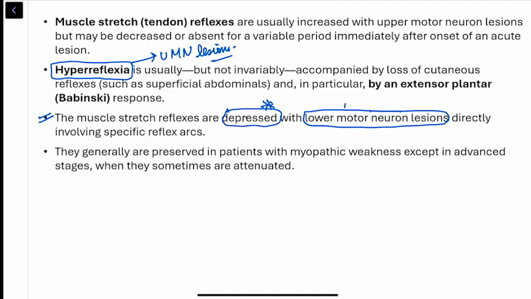Right, in lower motor neuron lesions stretch reflexes are depressed. They are generally preserved in patients with myopathy, but in advanced disease of myopathy, they may be attenuated. So you need not remember this. For the sake of simplicity, you must remember only this.